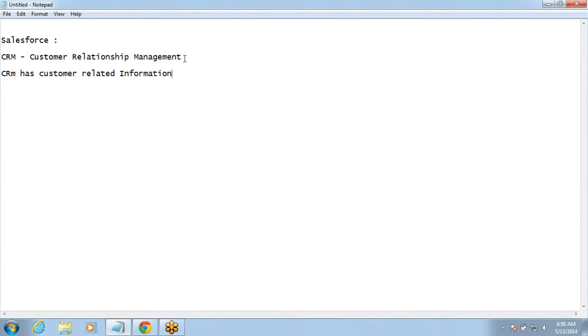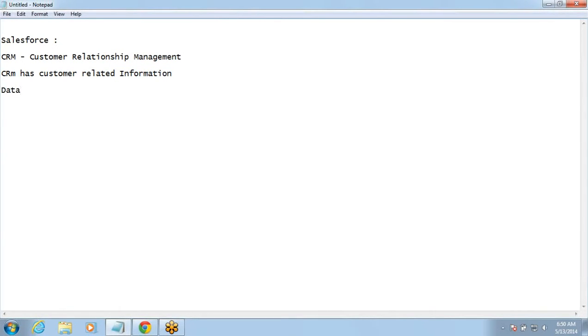So when we talk about this customer related information which goes into CRM, as I said, there is a lot of information which goes there. So it's not just one information, there is a lot of information which goes into it, right? So that is one thing, okay? So the CRM is something which should help business to store all this information.